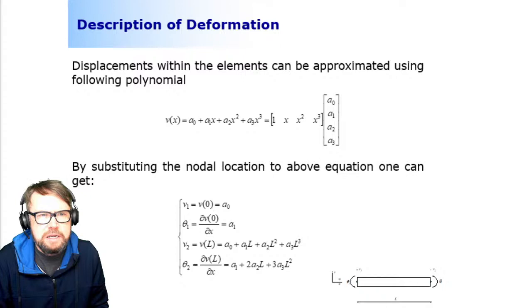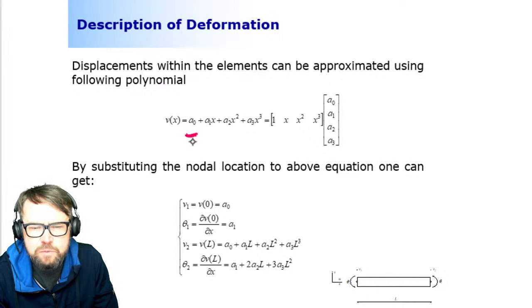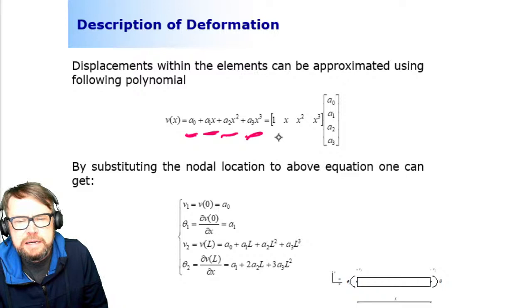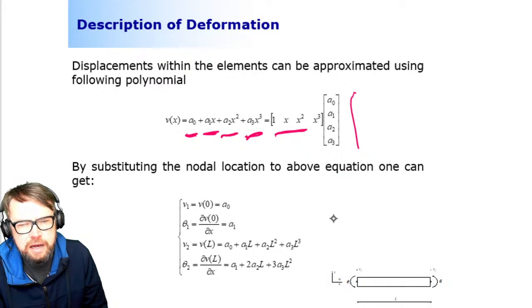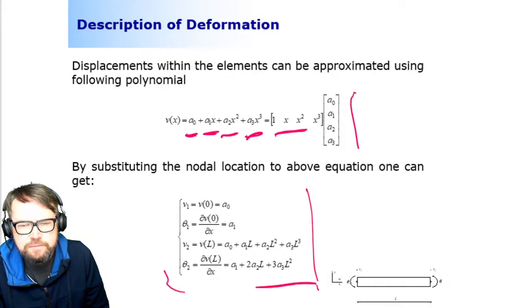Here, so this is going to be my polynomial expansion. Hopefully the font is large enough. So I have here a0, a1 multiplied by x, a2 multiplied by x power 2, a3 multiplied by x power 3. And I can express this by using vectors as shown here. Next, I'm going to use the information that I have to create the four equations.